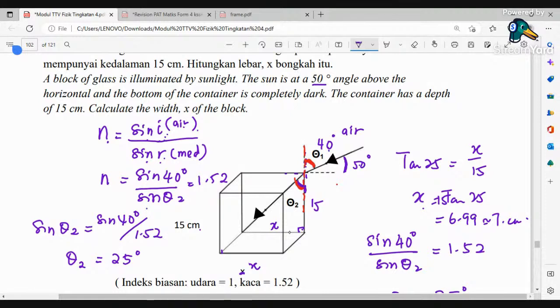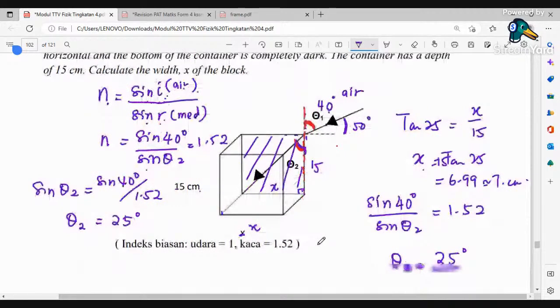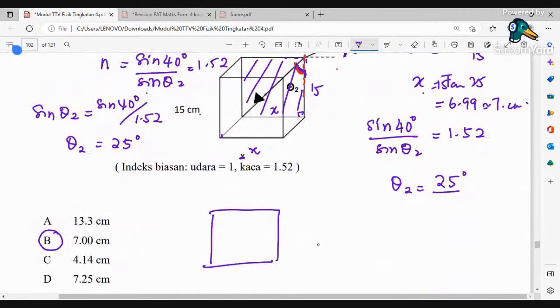Dia punya plane ialah vertical plane, plane yang ni. Okay, means this light ray at this plane. Okay, so kalau saya ambil keluar plane tu, you akan dapat macam ni. Bagian ni ya. Ini. Okay, ini normal line. Ini angle theta 1 tadi.